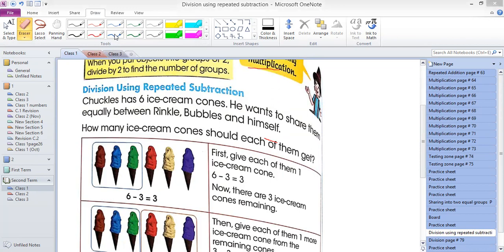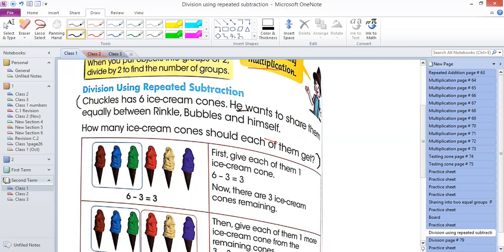And I'll take one student who will read it. Ahmad Saifuddin. Yes, Ahmad, read it from here. Chuckles has 6 ice cream cones.